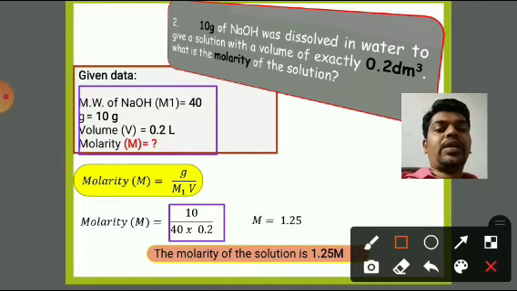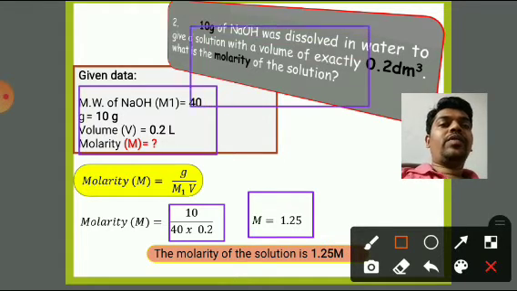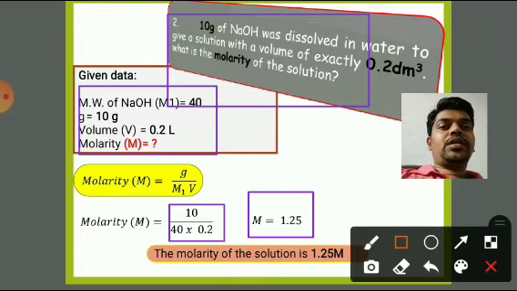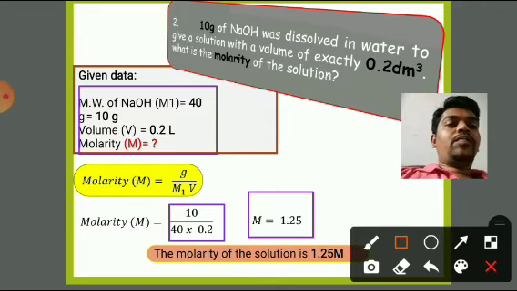After calculating this ratio, we get M equal to 1.25. So this is nothing but the molarity of the solution in which 10 gram of NaOH is dissolved in 200 ml of water.